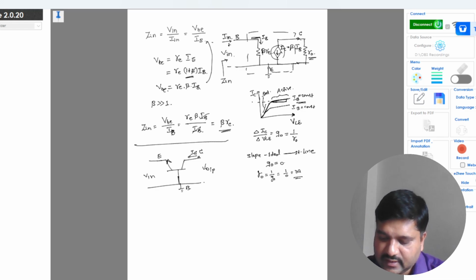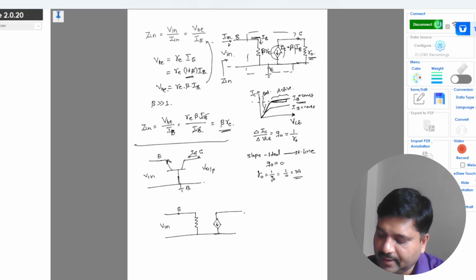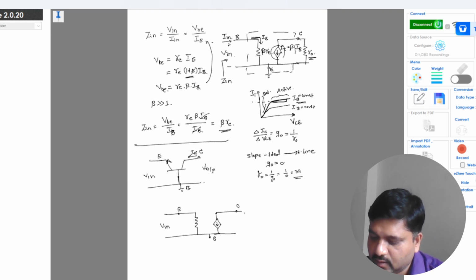So now if I represent this in a small signal model, I will represent it like a 2-port network like this. Okay, so this is my V in, this is basically the emitter terminal, this is base, and this is collector.